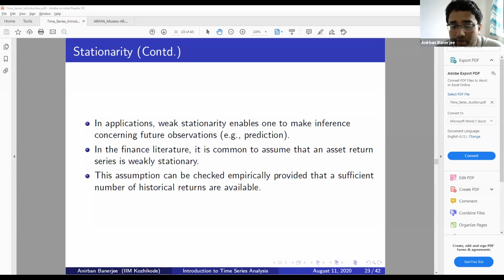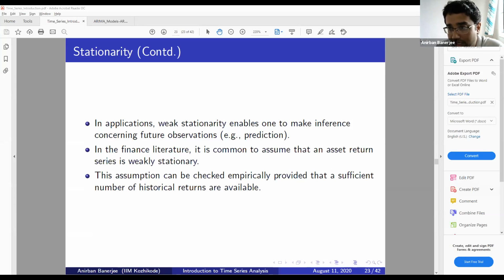We are going to start off with the return series. We'll assume that the return series is weakly stationary and then start building up our model. Then we'll relax that assumption. We'll test whether the series is stationary or not, and what sort of adjustments we need to make in our data to make sure that it fits the model.